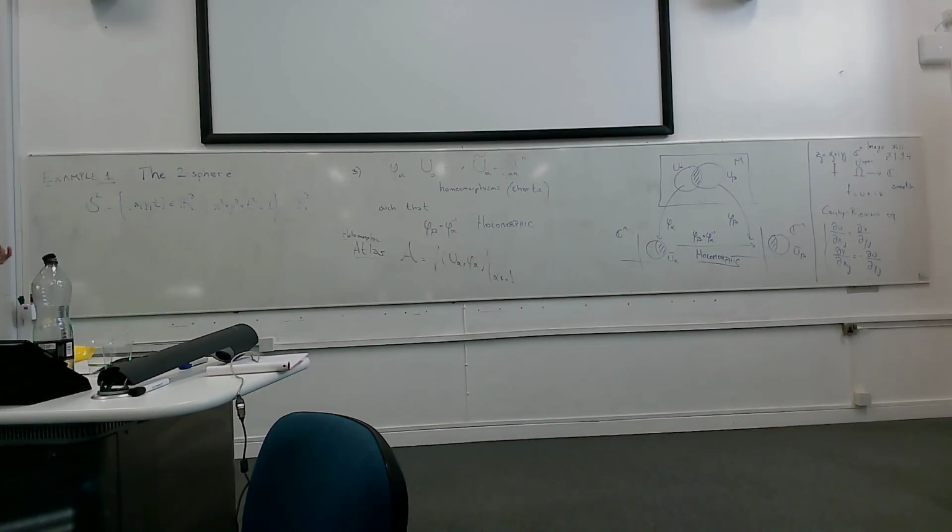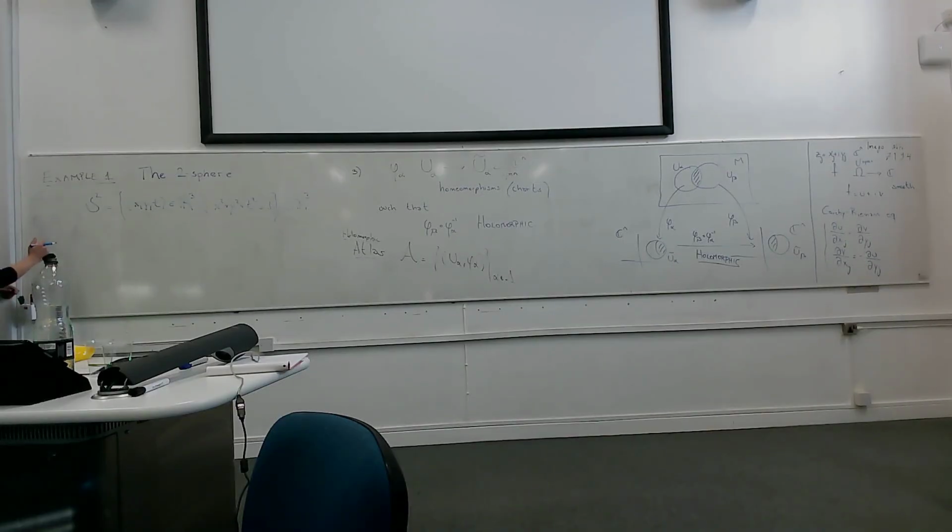I want to give this sphere the structure of a complex manifold. So I want to define an atlas with holomorphic transition functions. So how do we find this atlas?